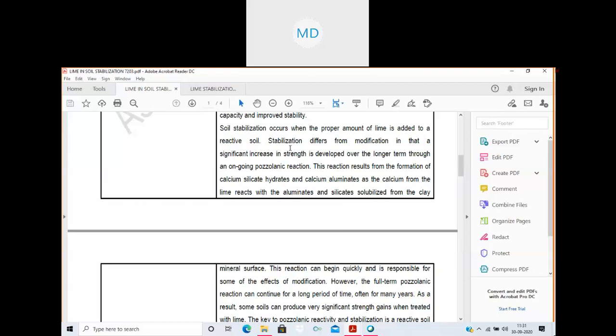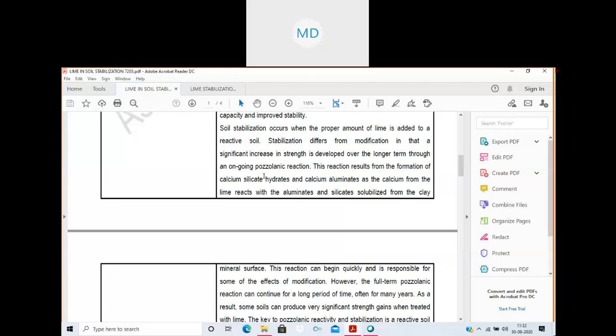Stabilization differs from modification in that a significant increase in strength is developed over a longer time through an ongoing pozzolanic reaction. Pozzolanic reaction, all of you have heard in previous semesters and in various subjects, especially construction management and concrete technology, while studying cement.